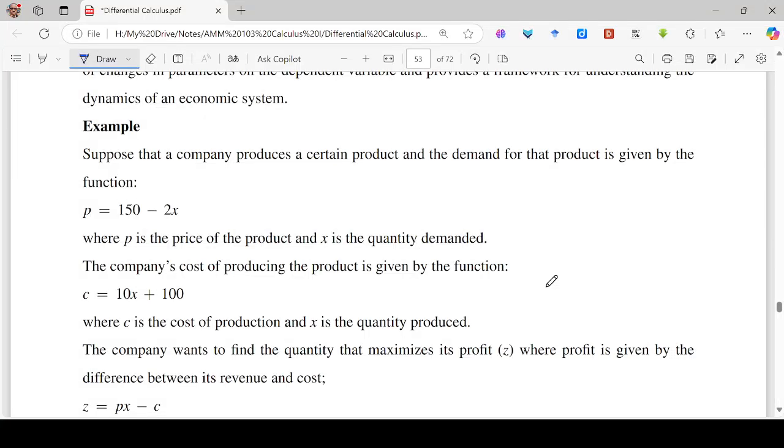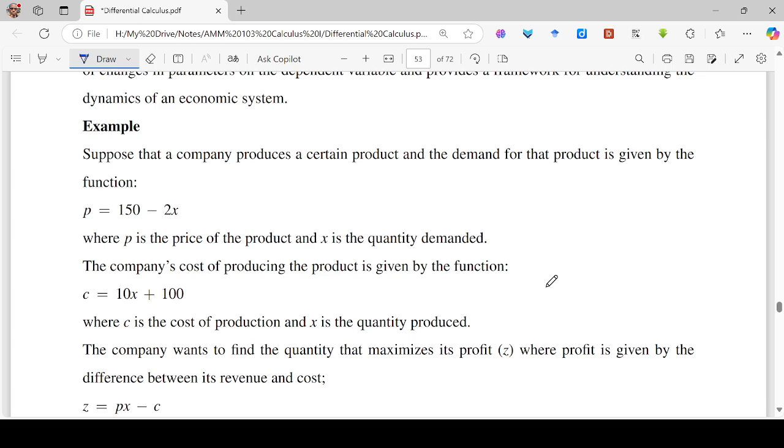So suppose that a company produces a certain product and the demand for that product is given by the function P equals 150 minus 2x, where in this case P is the price of the product and X is the demand.